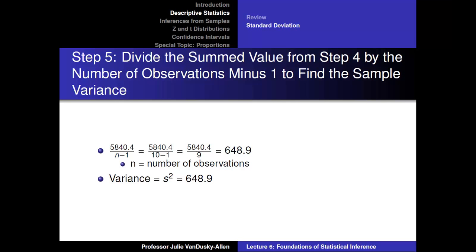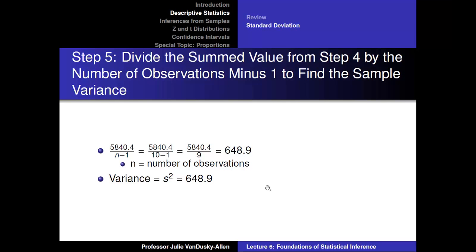Then you take the value from step 4 and divide it by the number of observations minus 1. In this case, the number of observations was 10, so 10 minus 1 is 9. So the calculation is 5,840.4 divided by 9, which equals 648.9. So the variance for the percent living under $2 a day sample is 648.9.